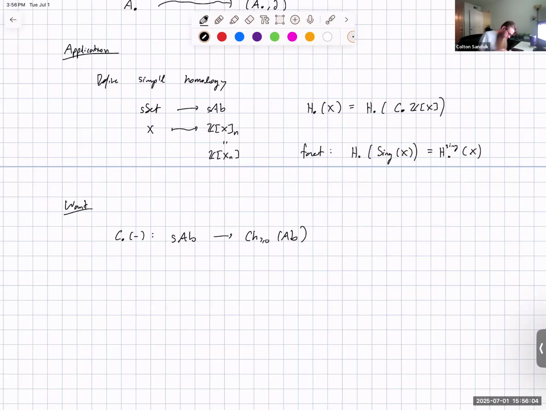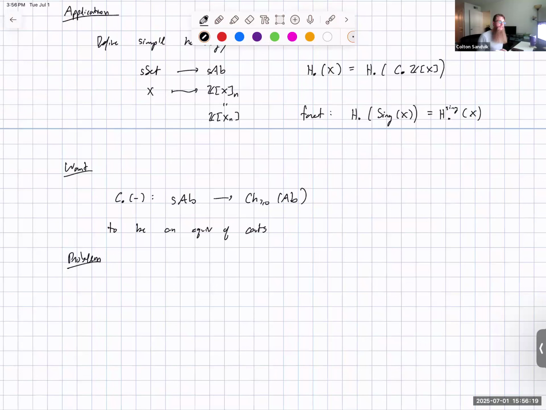But this is not true, and the problem is that we have these degenerate simplices. We have a lot of degenerate simplices.